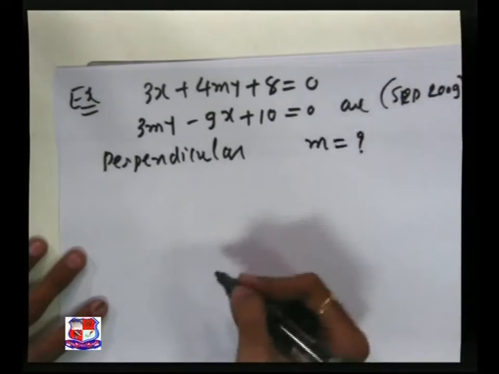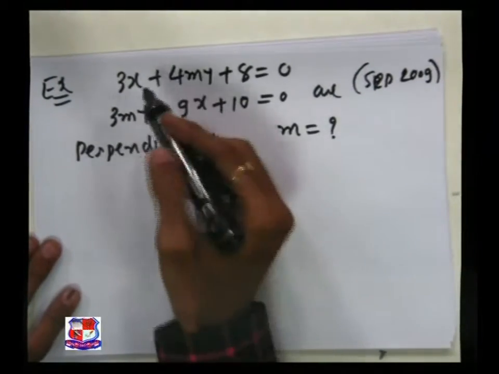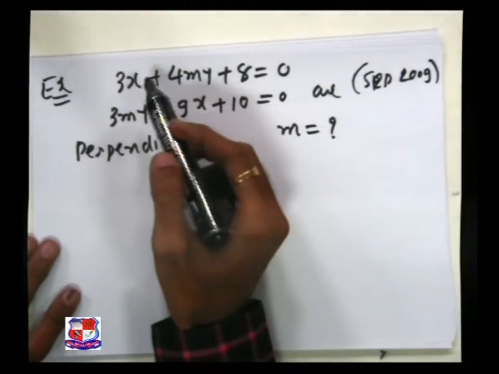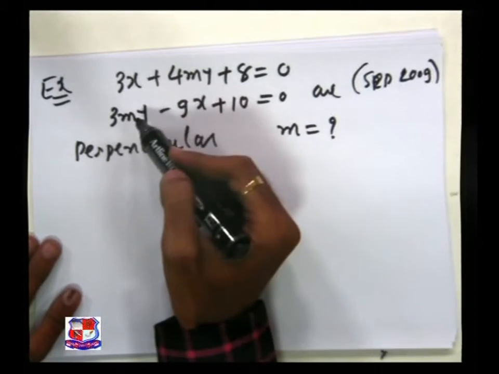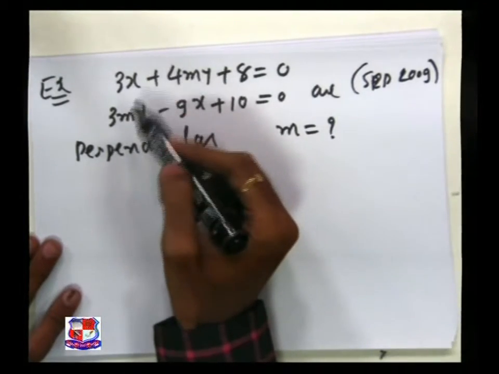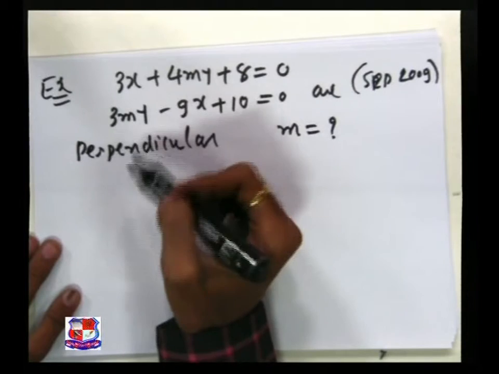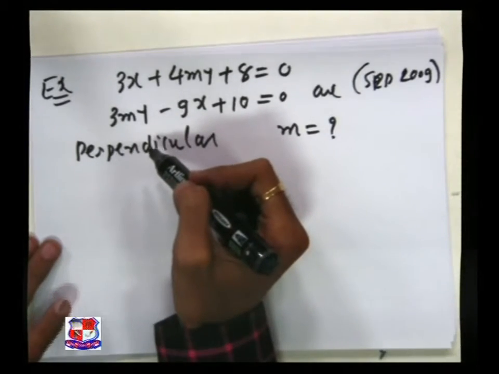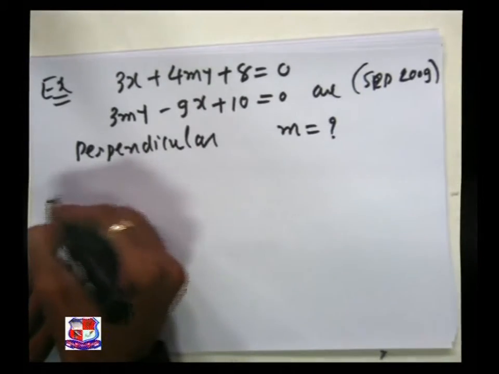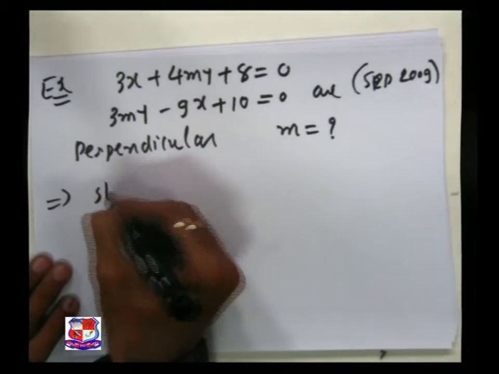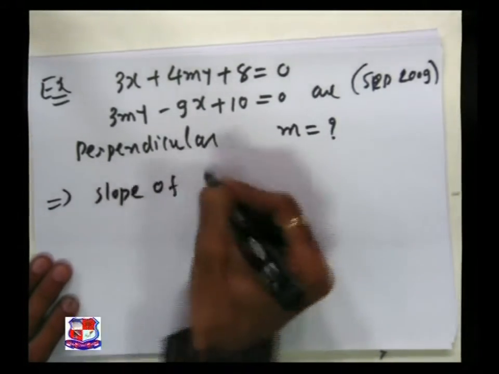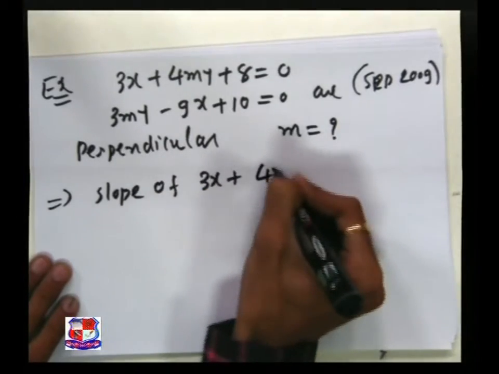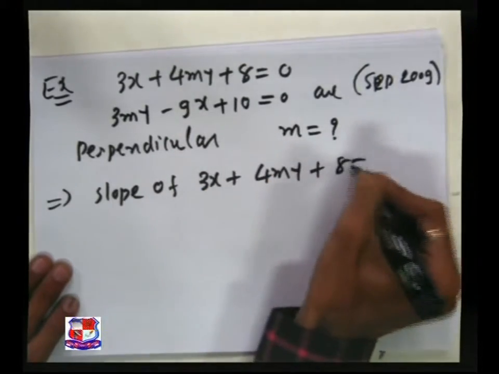So here first of all we will find the slope of both these lines, because if these two lines are perpendicular, then m1 into m2 is equal to minus 1. So the slope of the first line, 3x plus 4my plus 8 is equal to 0.